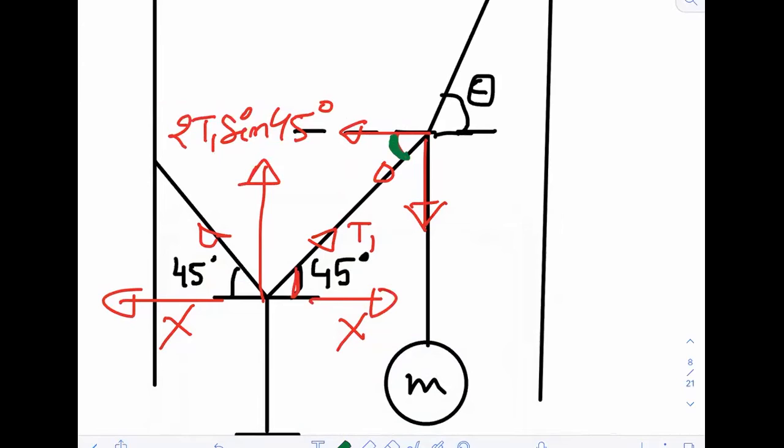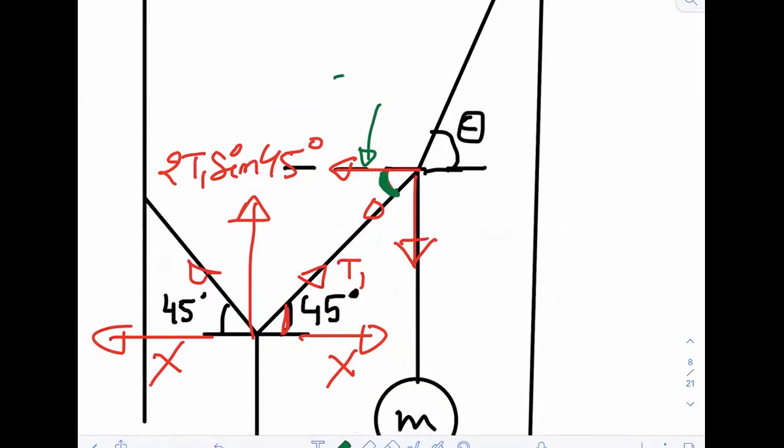So if this is 45, then this force will be T1 cos of 45, and this will become T1 sine of 45, right?